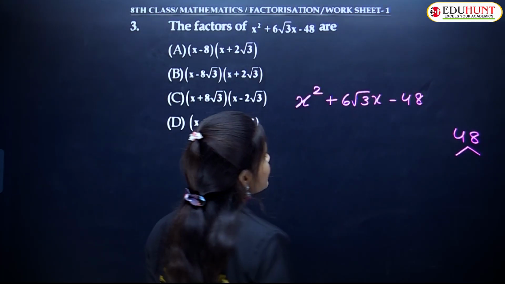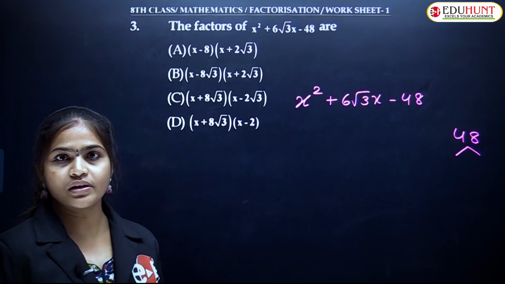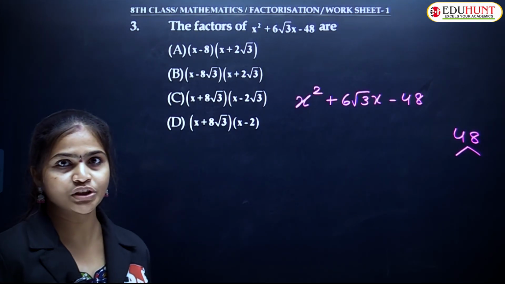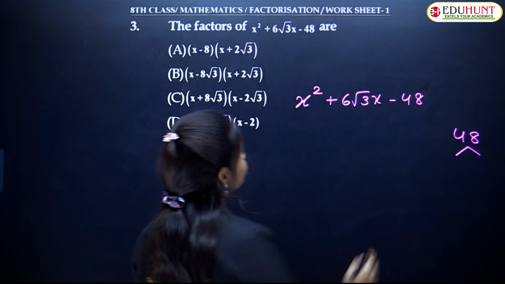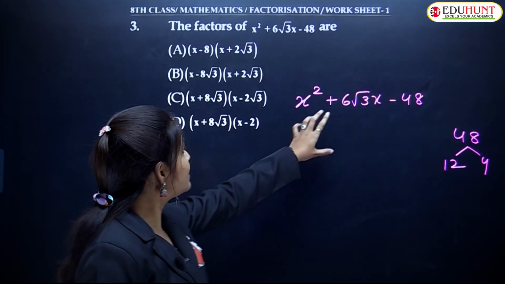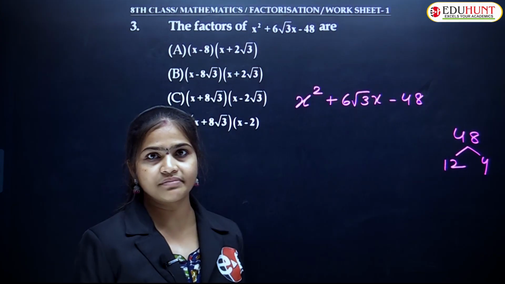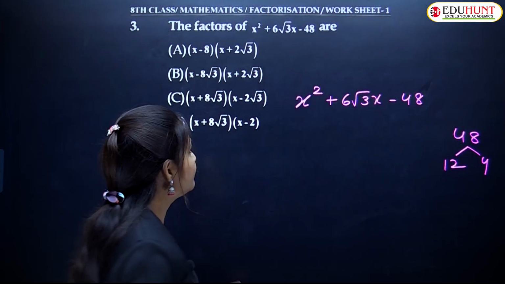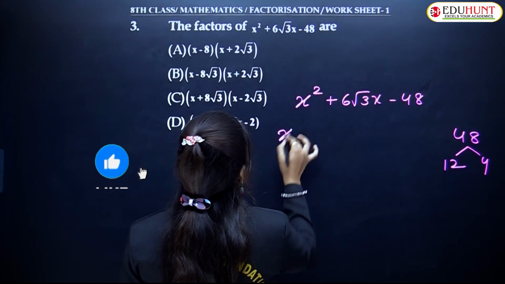So how to write 48? We can express it as 12 fours are 48. Shall we write like that? But here 12 fours are 48, but their difference or sum is not equal to 6 root 3. Clear? That's why we can write this as x square.